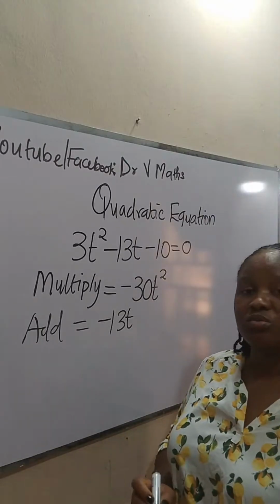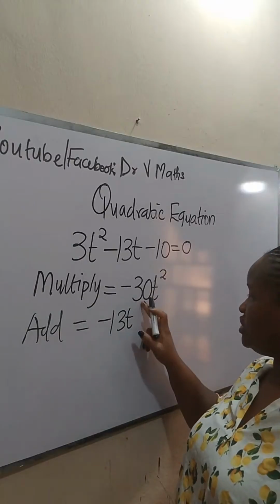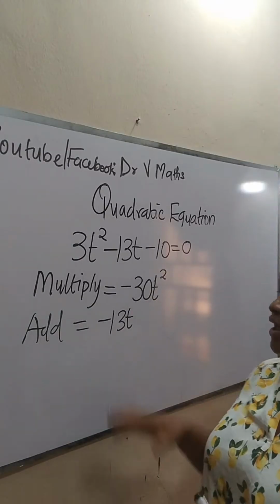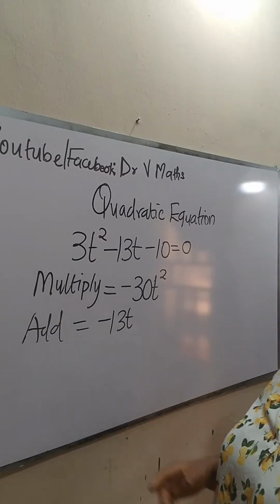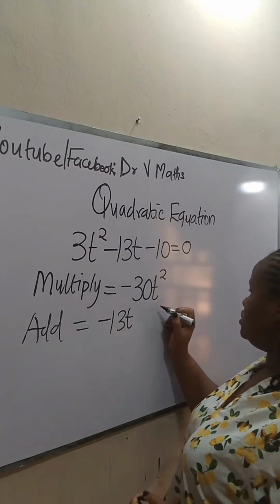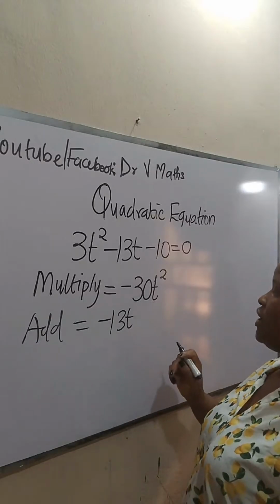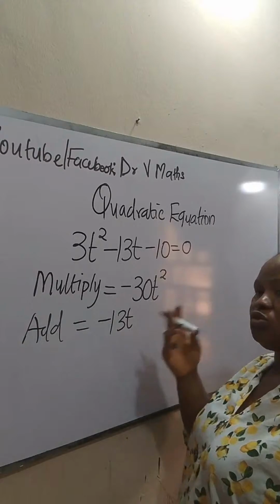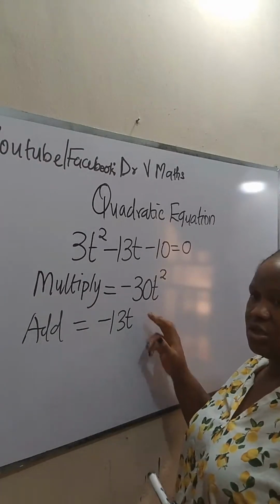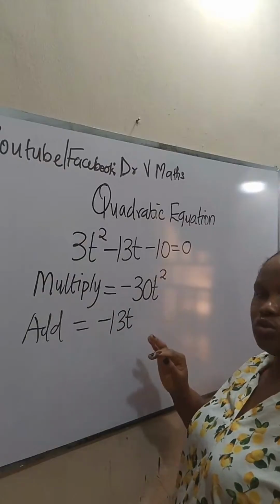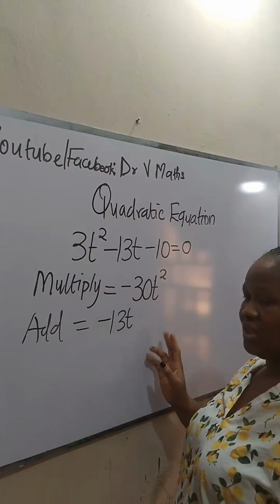We'll be looking for numbers that, when we multiply, will give us 30. So what numbers can divide 30? Now 30 and 1 can divide it. But 1 plus 30 can never give us anything around 13. All right. So we'll consider 2 and 15. 2 times 15 will give us 30. But can 2 and 15, adding them, give us minus 13t?